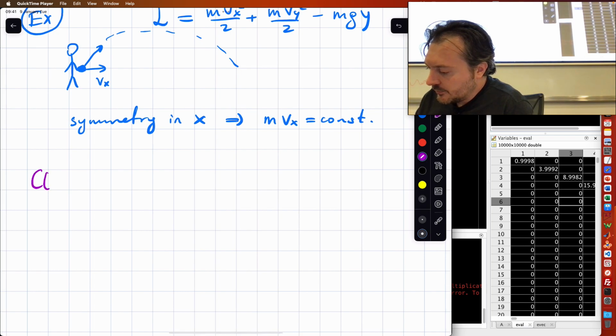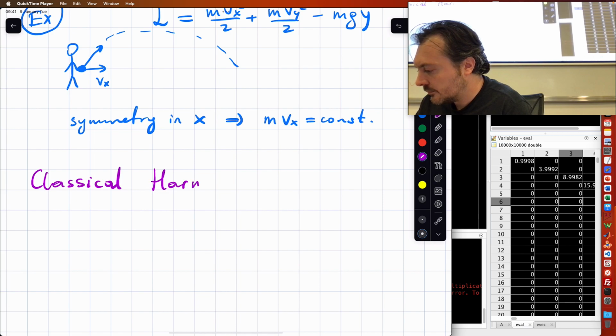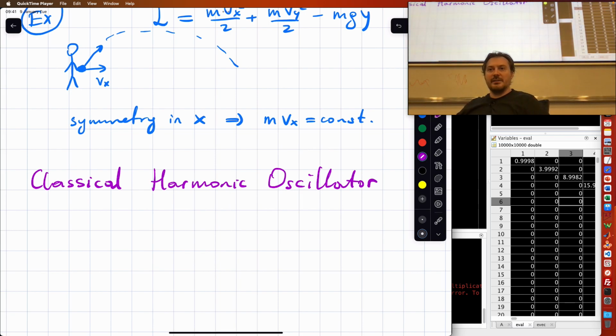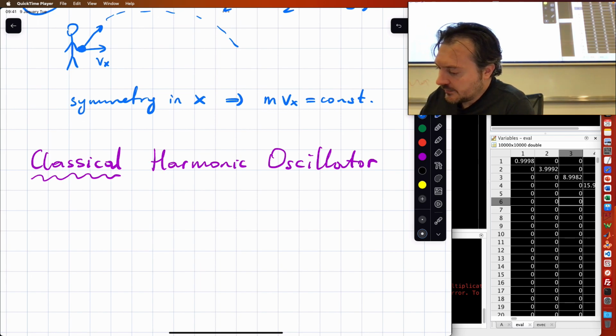Let's go back to the classical harmonic oscillator. We have already seen the harmonic oscillator, but I didn't say classical harmonic oscillator, right? It was just harmonic oscillator. Now we are putting emphasis on this classical because we are going to get all kinds of problems with it. So how does it look like? Classical harmonic oscillator looks like this.